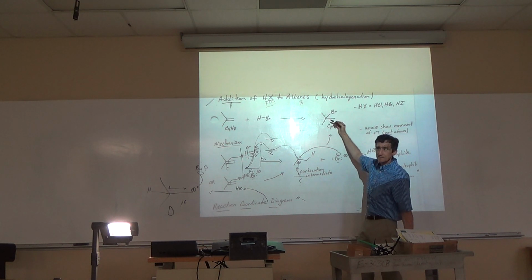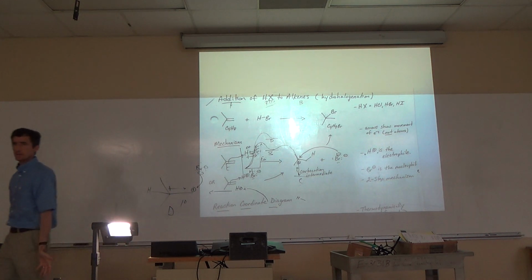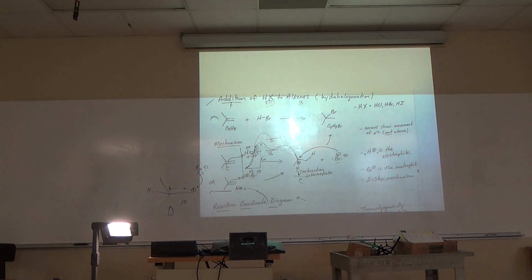We could say site selective. That makes a little bit more sense, maybe. Site selective. That's what regioselective means. Does the bromine end up on the tertiary carbon or the primary carbon in this reaction? Tertiary. It's site selective, and we call that regioselective.